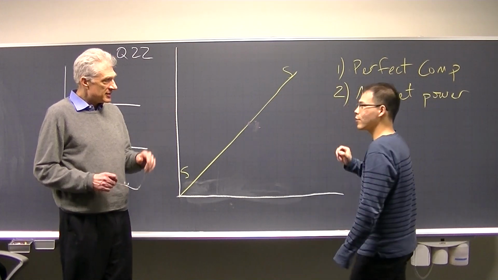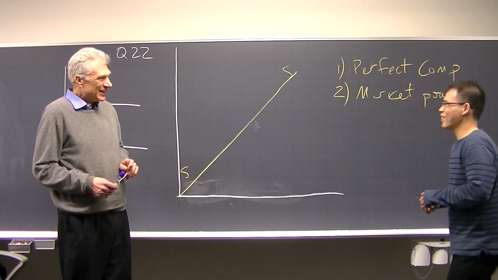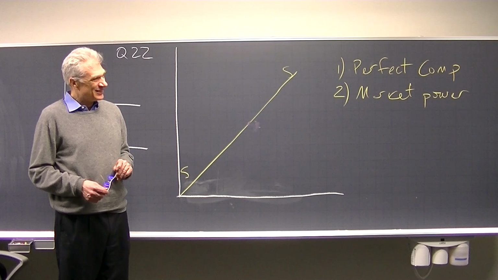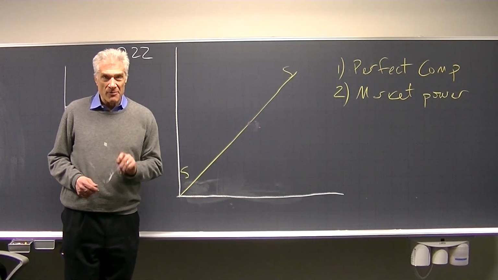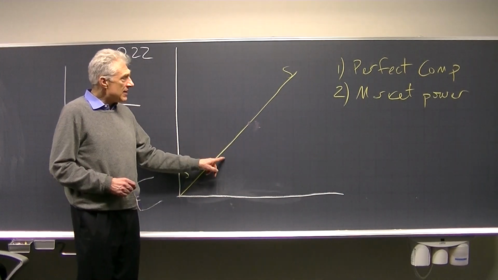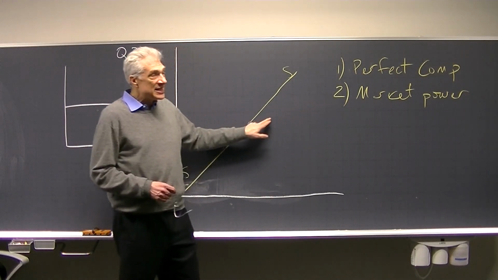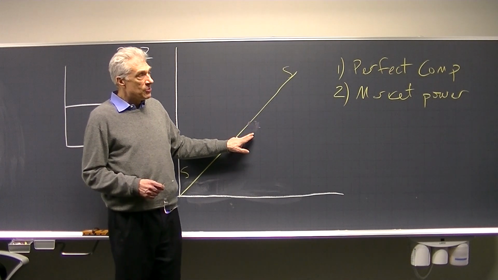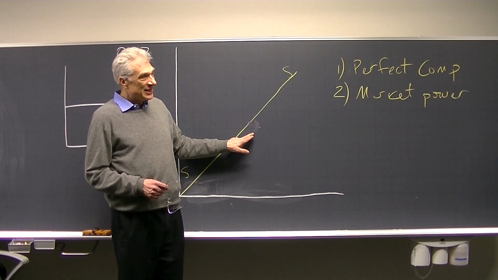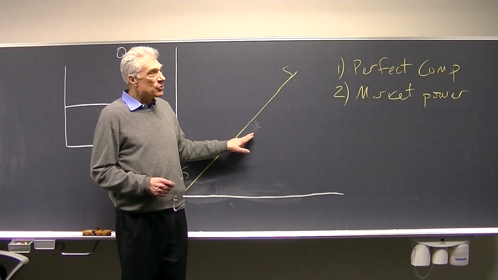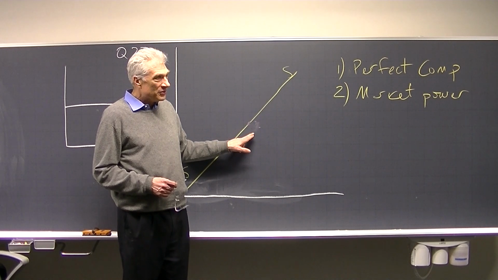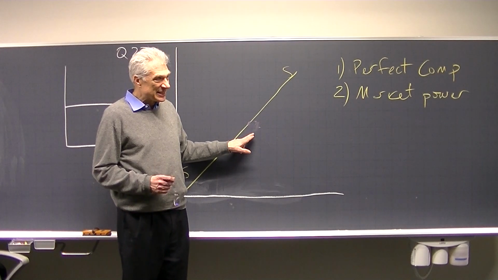That's what my point is. It's not the marginal factor cost curve. That's the point I want to make to you. If the firm has market power, this is not the marginal factor cost curve, because that means that the firm has control over their marginal cost.